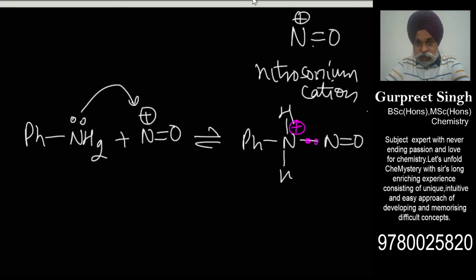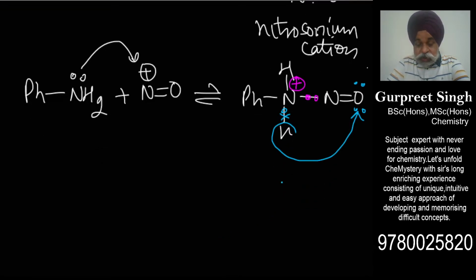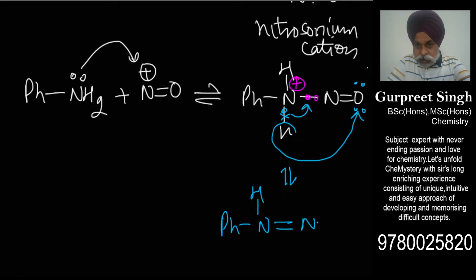Now what you can do is deprotonation from here. This H positive attaches to this lone pair, leaving out the positive charge on nitrogen as such. The nitrogen's positive charge gets removed, and you end up getting something like this. Here you would generate a positive charge. In one step you can also show it like this, or if you would like to go in a proper way, that would take a bit of time.